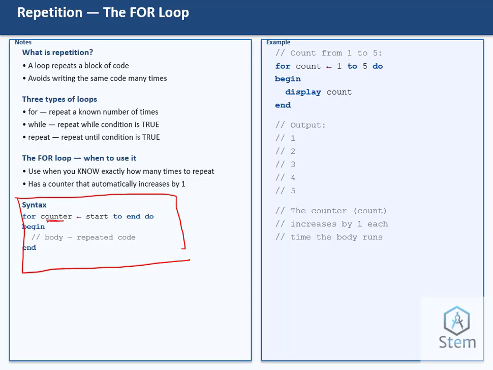It can be any variable. Then that counter may start from 1 up to 10. This means you want to repeat 10 times. Or it may start from 0 up to 10. It means you want to repeat 11 times. So you are already setting the number of repetitions here.